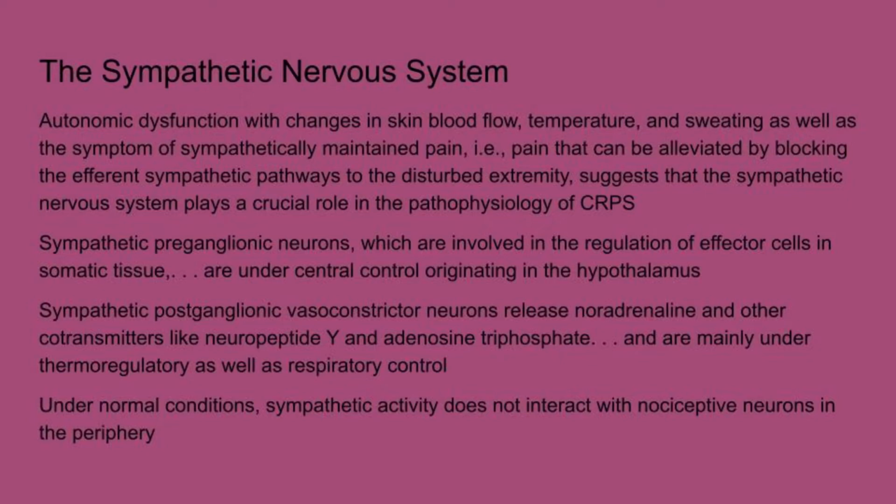Sympathetic postganglionic vasoconstrictor neurons, which is after the relay station going out towards the end organ, release noradrenaline and other co-transmitters like neuropeptide Y and adenosine triphosphate, and are mainly under thermoregulatory and respiratory control. Under normal conditions, sympathetic activity does not interact with pain-receptive neurons in the peripheral nervous system.